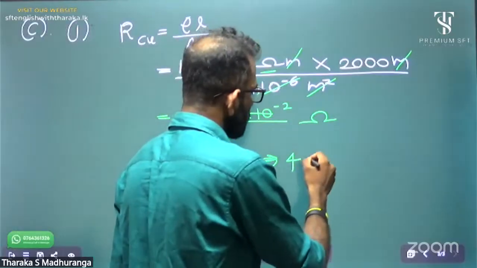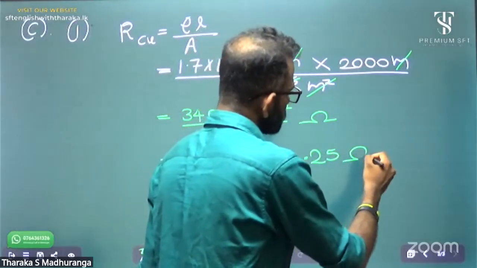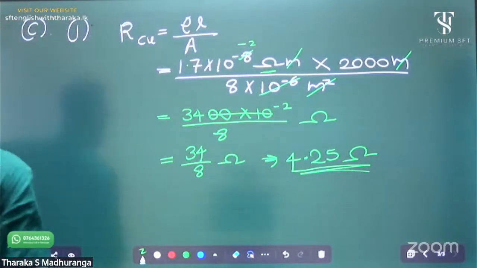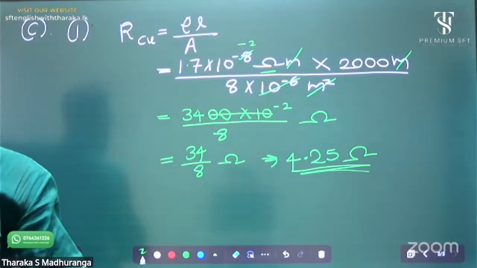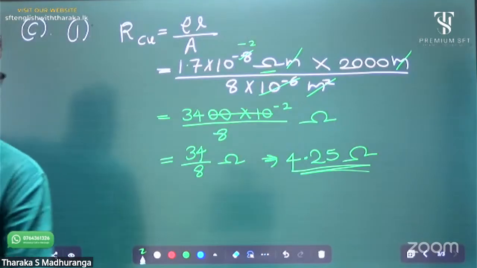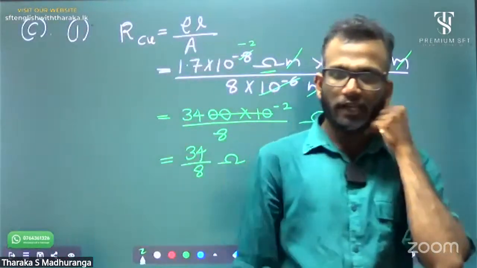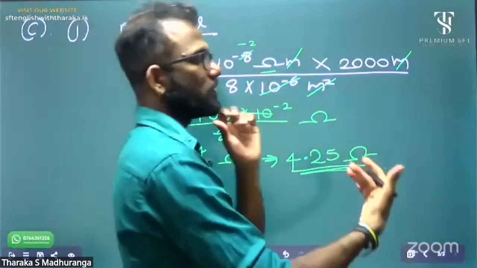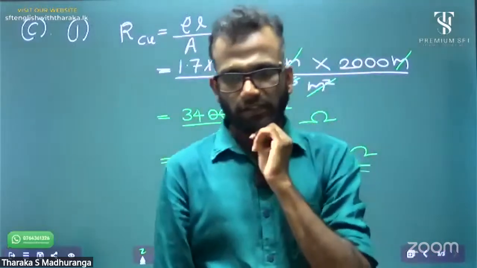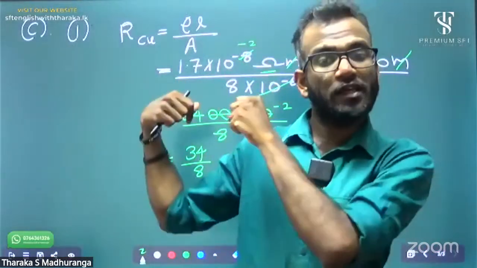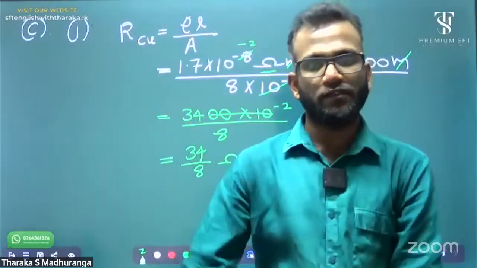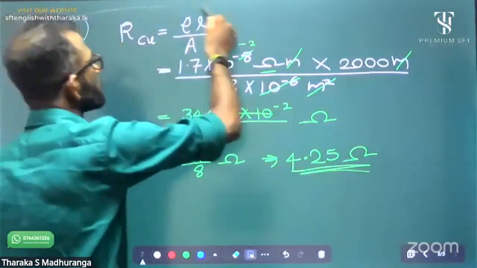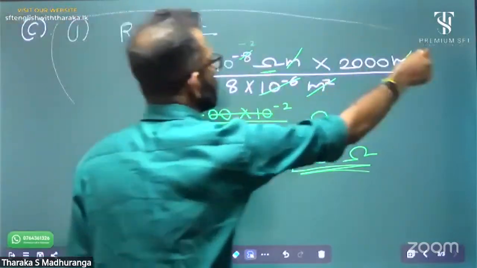Very good. 4.25 ohm. Understood? Simple. These factors and equations we discussed in the lesson, right? R equals rho L over A. In exam questions they directly ask for the resistance, with the resistivity, length, and cross section area all given in the question. Now the same method for aluminium also.